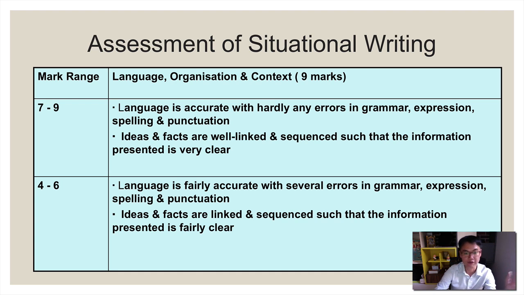Your ideas and facts must be linked together and ordered in such a way that the information presented is clear to your recipient, the person who's reading your email. So remember, the 2 areas you're focusing on today: 1, your task fulfillment or content, and 2, your language.